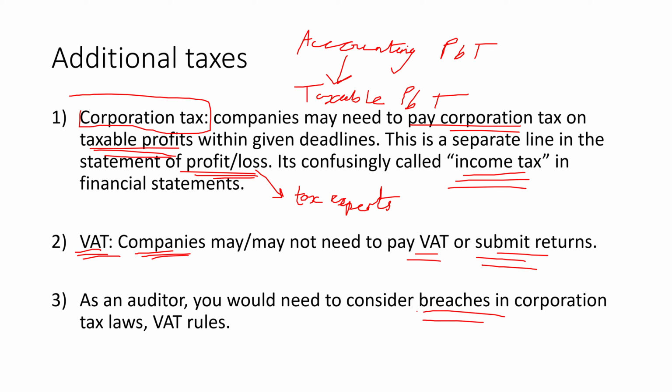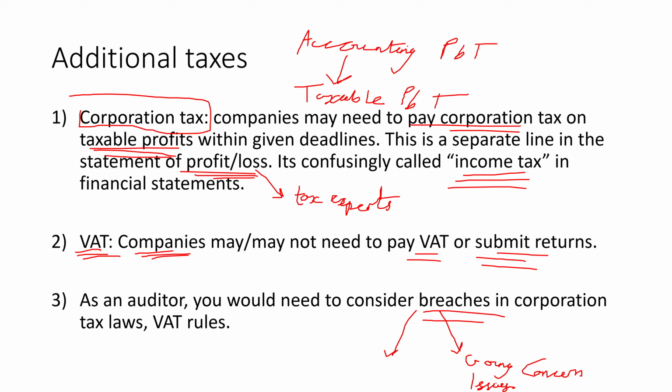Okay, so breaches, why are they an issue from an audit perspective? Well, there are basically two things they can lead to. Either there could be going concern issues, depending on how serious the breaches are.